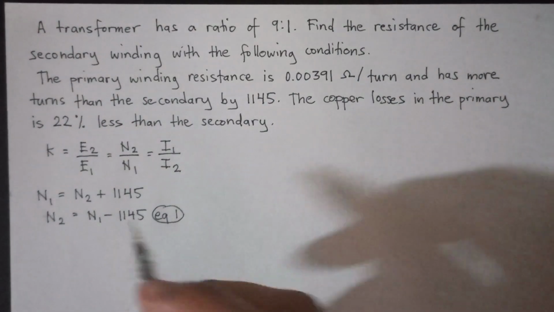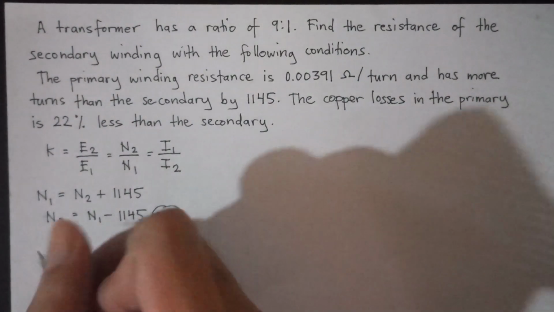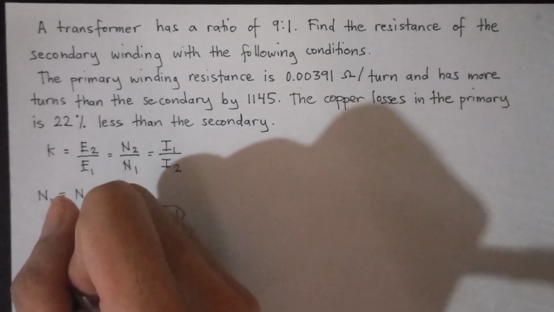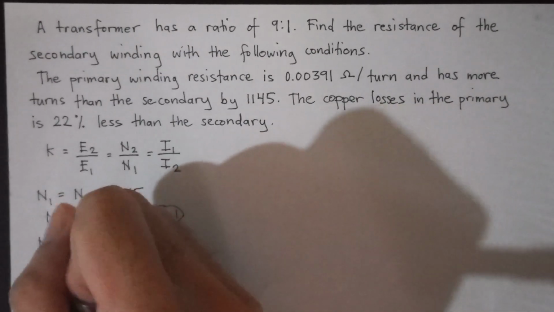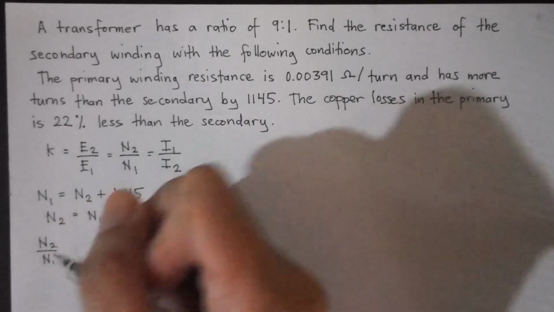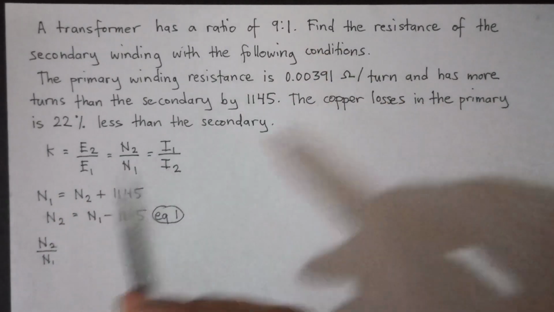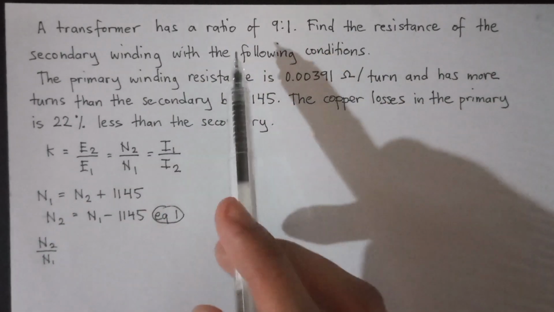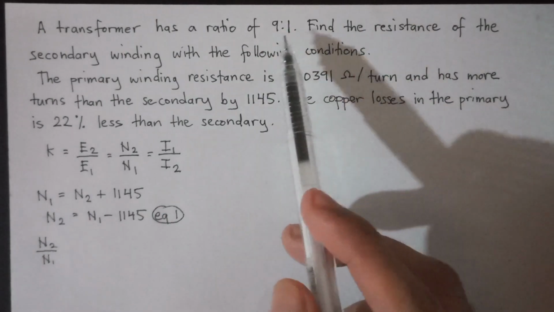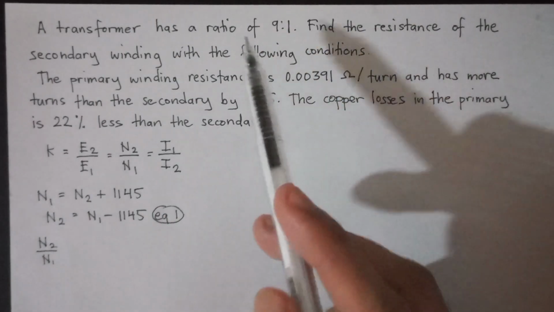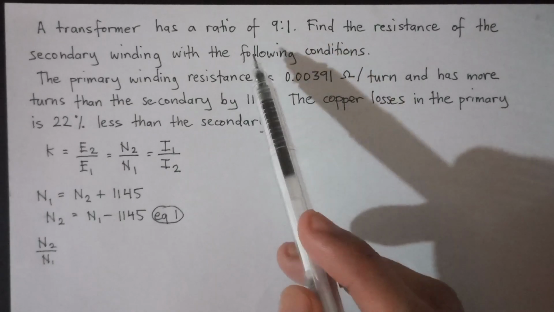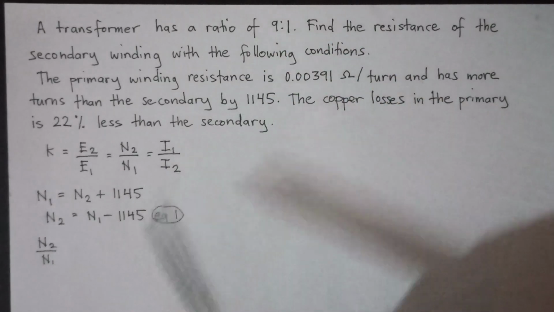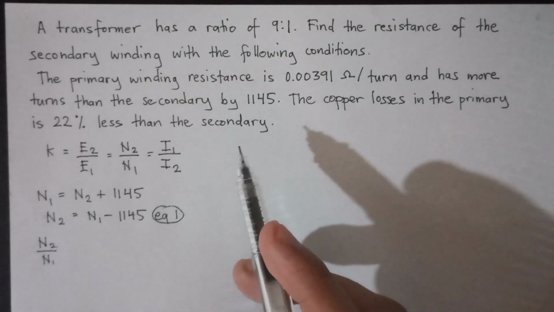As we said earlier, the transformation ratio is equal to n sub 2 over n sub 1. And in this particular problem, we have a ratio of the transformer as 9:1, which means for every 9 turns in the primary winding, we have 1 turn in the secondary winding.